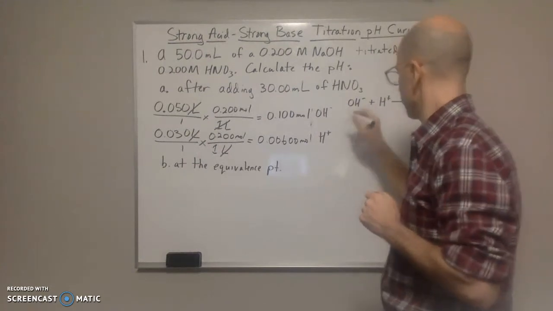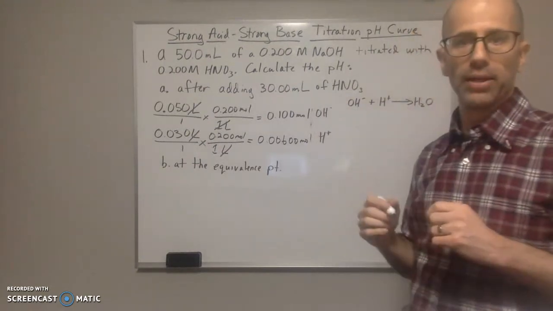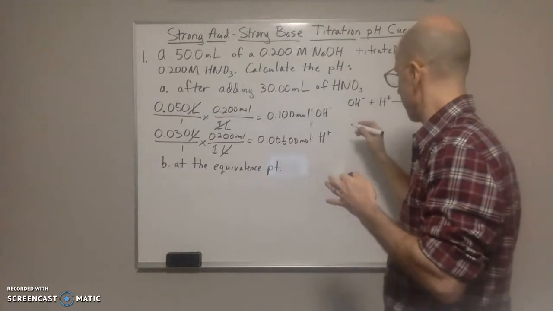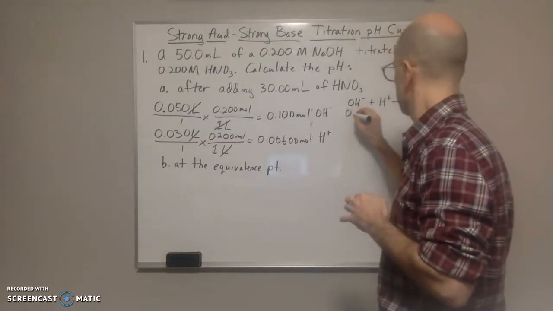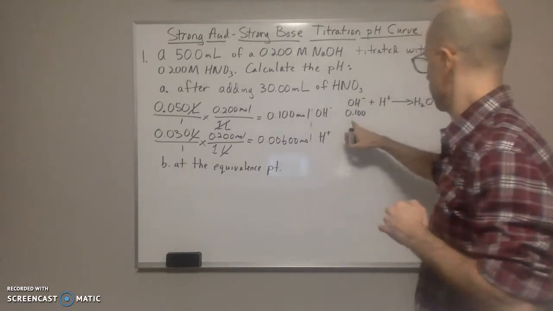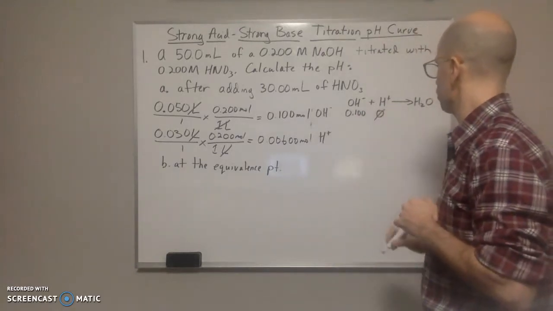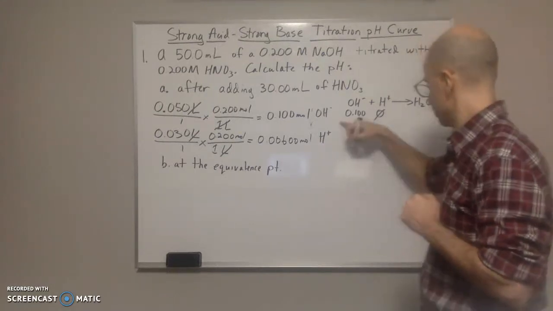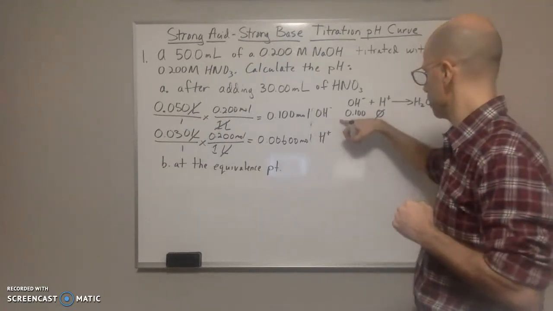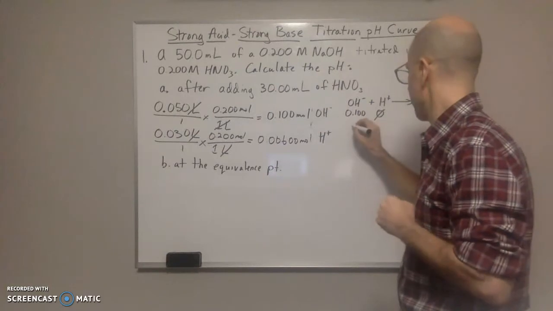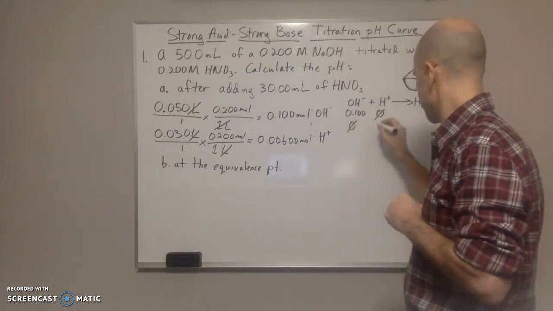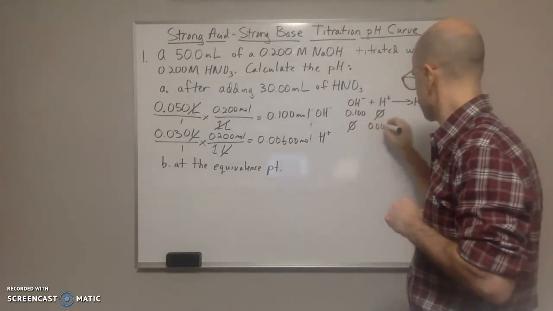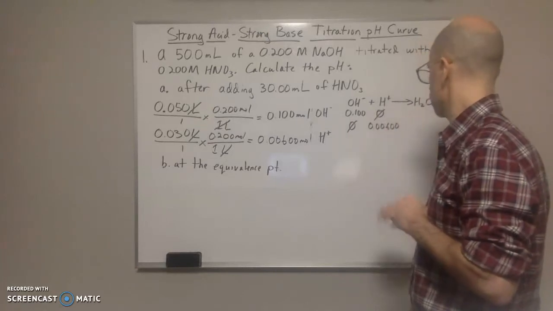So when we put in our OH minus, we'll have, at first, before we add, 0.100 moles of the OH, and we had 0 of the H plus. And then when we add, we're not adding any OH, but we are adding H plus, so we're adding 0.00600.